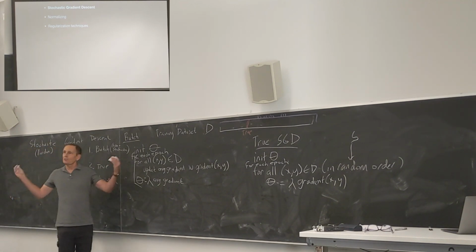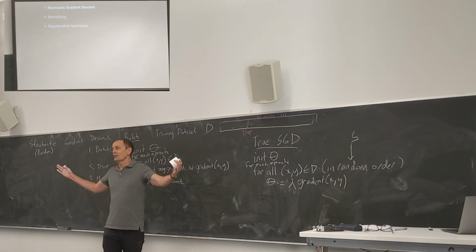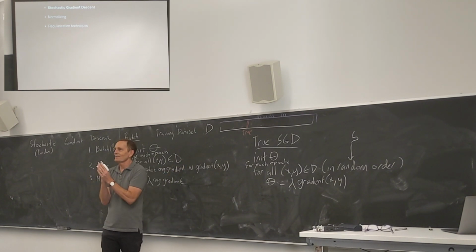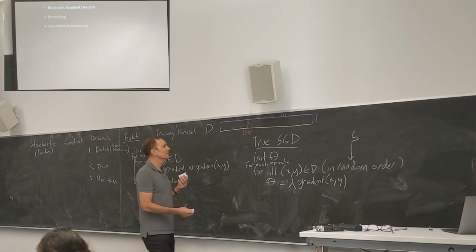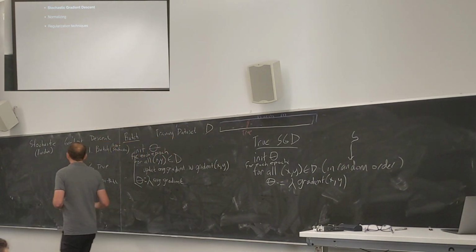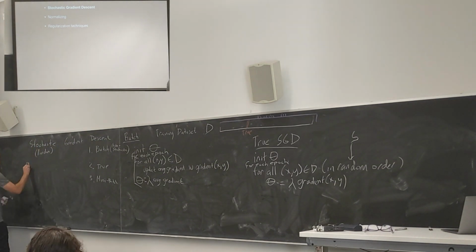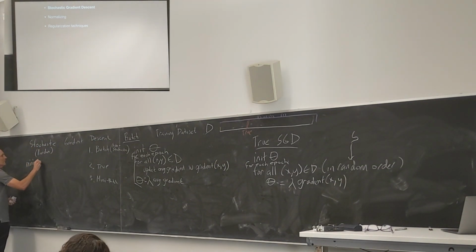So if on one extreme we take the entire batch, on another extreme we just take a single instance, the middle approach is what we'll call a mini batch. So we'll initialize theta.